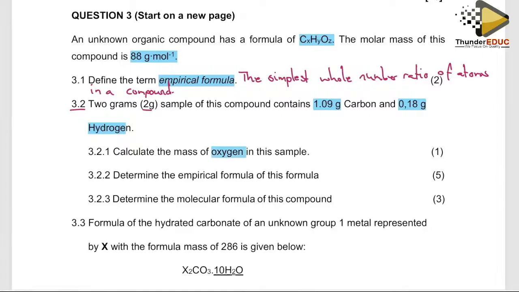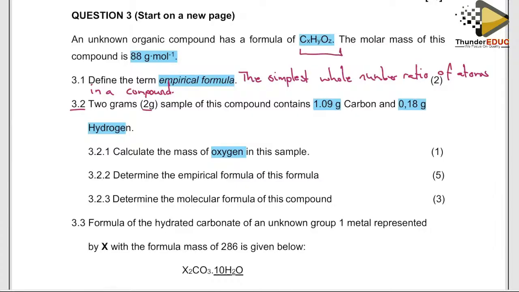Remember, we are having this original formula, the one that is unknown. So this whole sample contains 2 grams. For me to get the answer there, I'm going to say my 2, the original mass of everything, then subtract the 1.09 for carbon, and also subtract the 0.18 for hydrogen.